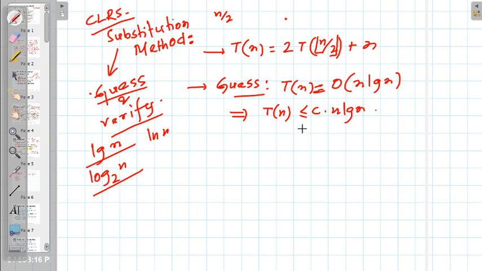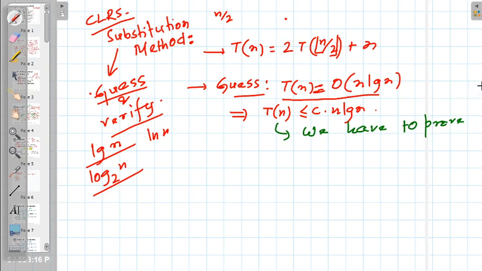That is by definition. So from here, we have to prove that T(n) ≤ C n log n.